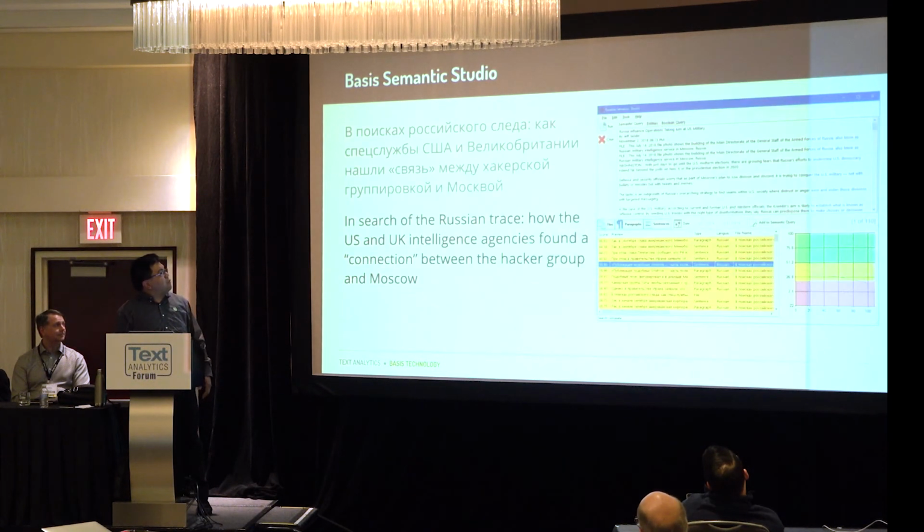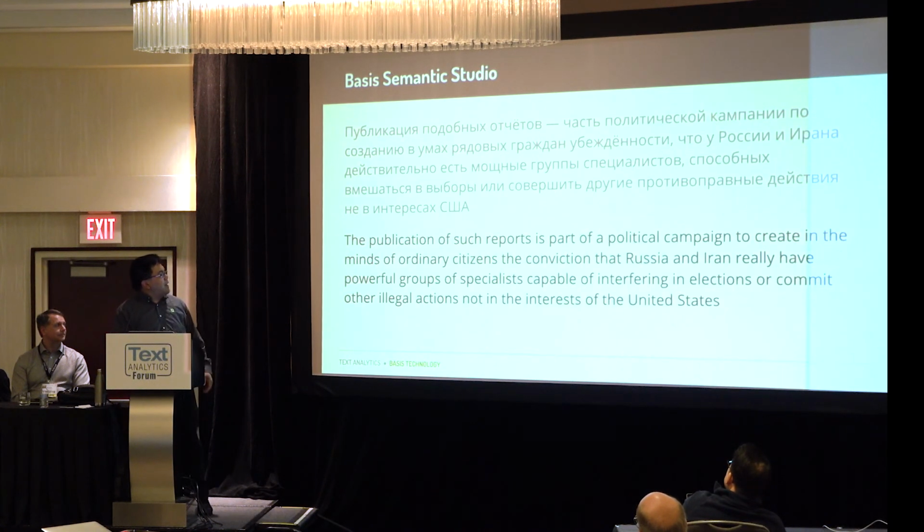So we put that through Semantic Studio, and then we can see that the title of it is called In Search of the Russian Trace. You can see the quotation marks, connection between the hacker group in Moscow by the intelligence agencies. So that's theirs, not mine. And if we look for the actual paragraphs and sentences that are most closely associated to that Voice of America article, the top one is talking about how the Russians are saying the publication of our reports are part of a political campaign to create in the minds of their citizens.